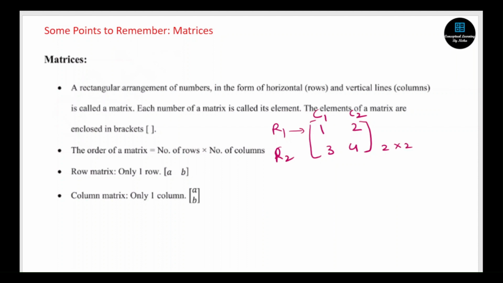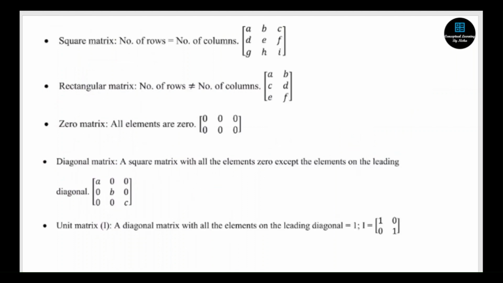If there is only one row, it is called a row matrix. Only one column, then it is called a column matrix. A square matrix has the number of rows and number of columns the same. Here they have given a 3 by 3 matrix. When the number of rows and columns are not the same, it is a rectangular matrix. When all the elements are 0, it is called the zero matrix.